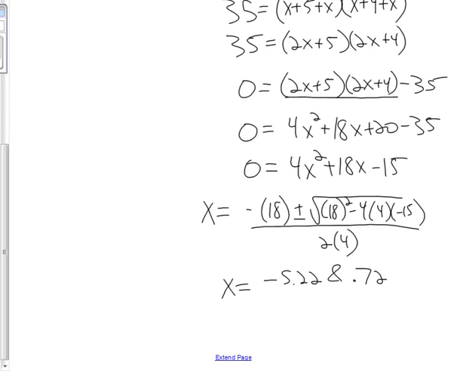Okay, keeping in mind this is an application, this means that the width is either negative 5 feet or 0.72 feet. Well, it can't be negative 5 feet because we're not dealing with negative feet of fabric. So it's got to be 0.72 feet wide, which multiplied by 12 is about 8.5 inches. And that seems reasonable. If you're talking about a border on a blanket, 8.5 inches is a decent border.